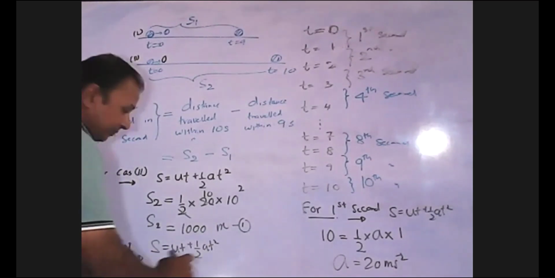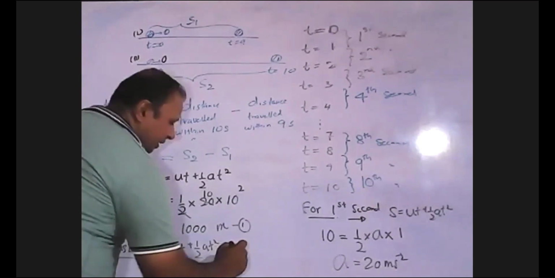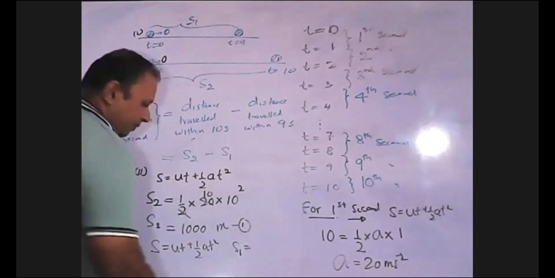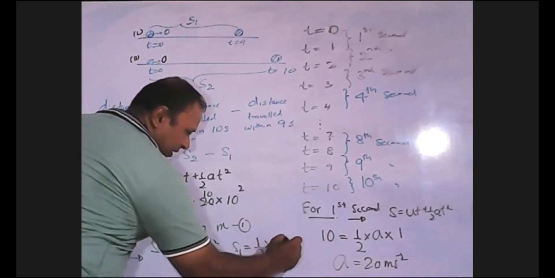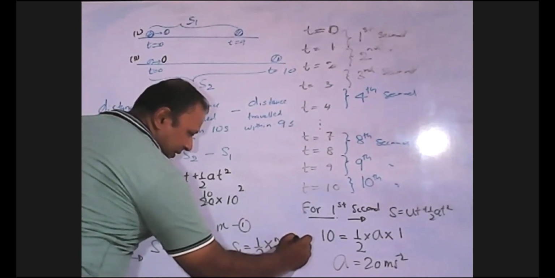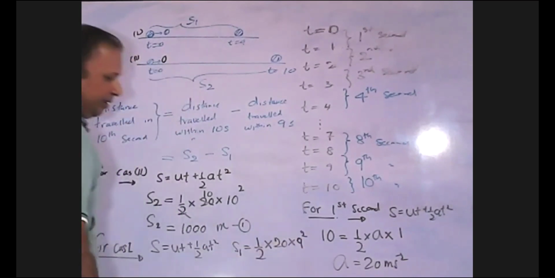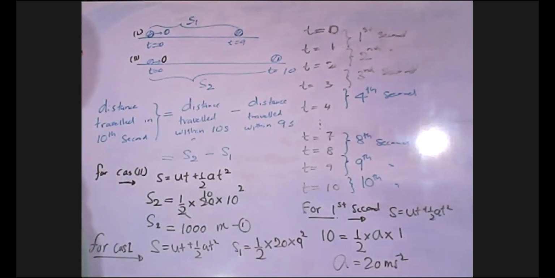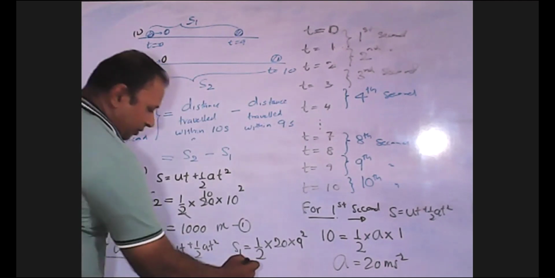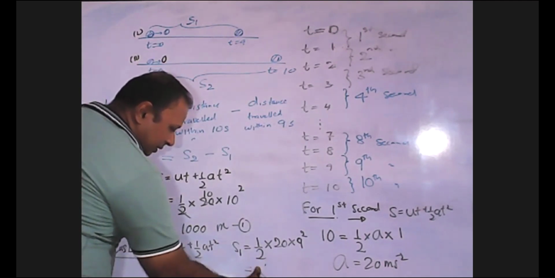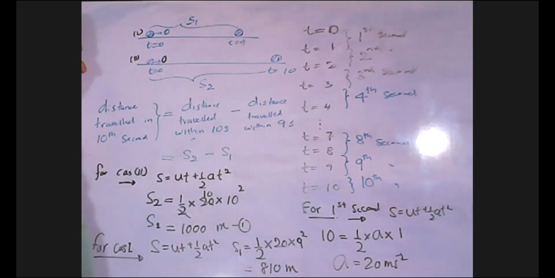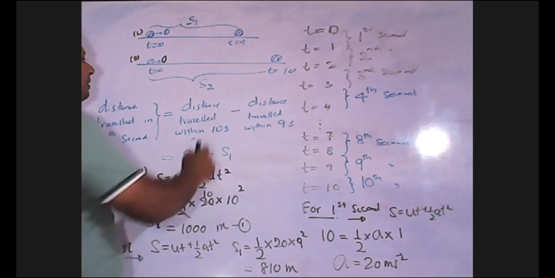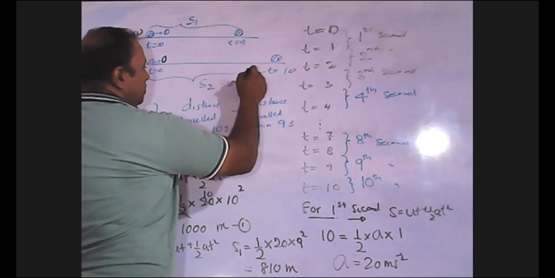Then S1 is equal to half into a, which is 20, into t squared, which is 81, no? Therefore, this one is 810 meters. Therefore, S1 is 810 meters and S2 is 1000 meters.